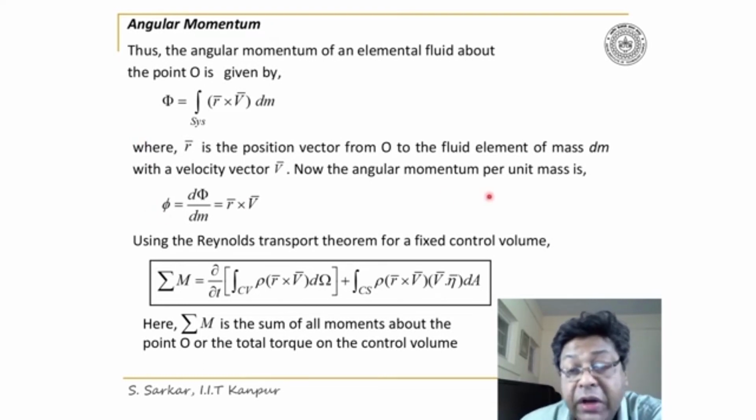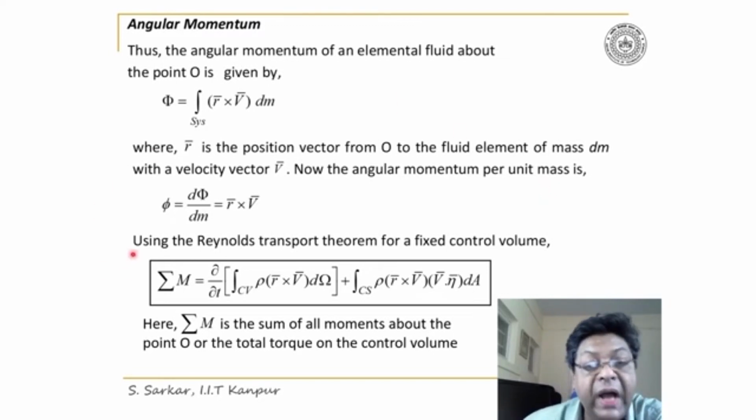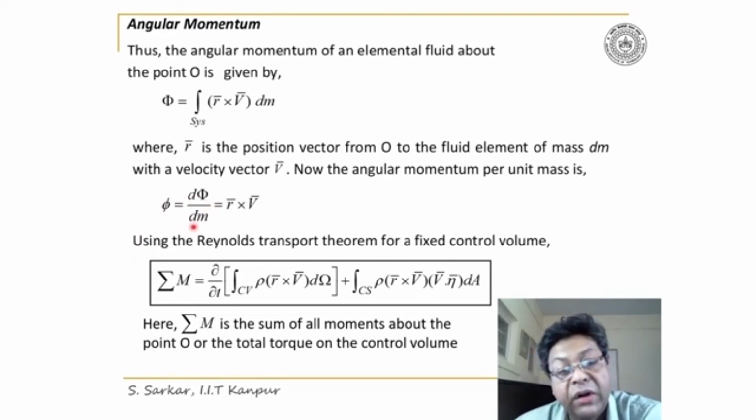So, angular momentum per unit mass, which is the specific property small phi, can be written as d capital phi by dm, that's equal to r cross v.